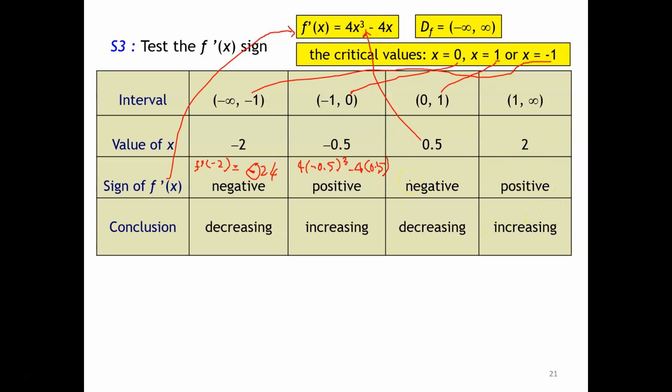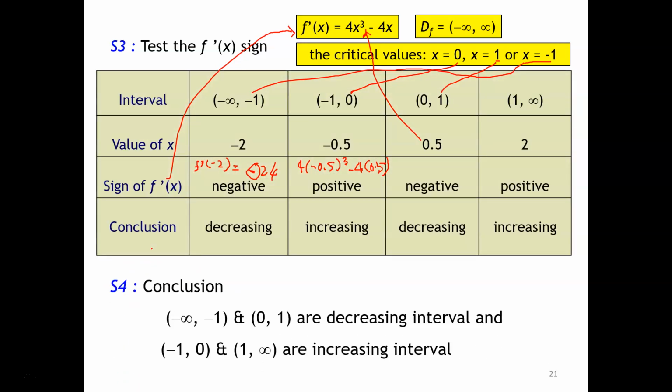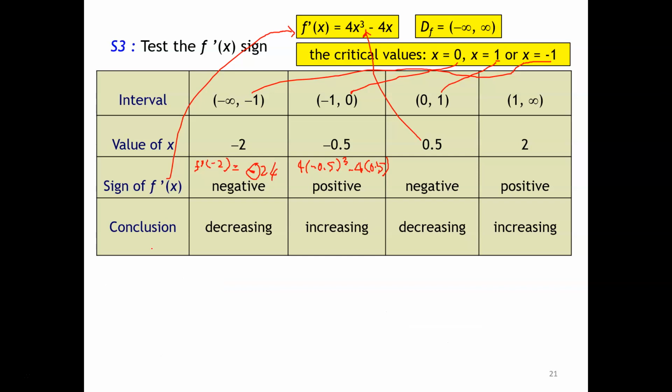Now the last step will be the conclusion. The last step, which is the fourth step. So what we have over here is the sign of f prime x. This one is negative, right? Negative means it is decreasing. You have something like this.